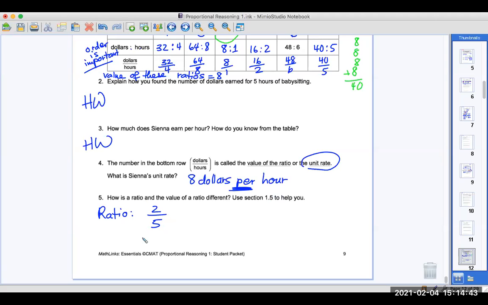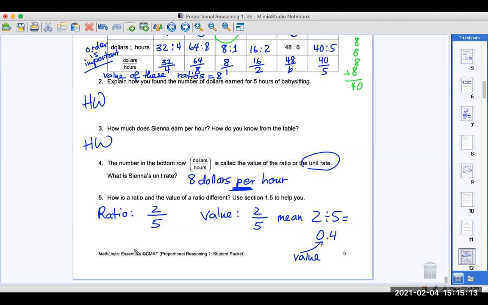It compares 2 to 5, right? The value of a ratio is when you actually divide. 2 to 5 means 2 divided by 5. And when you use a calculator, 2 divided by 5, you're going to get, try it out, an answer of 0.4. This is the value.